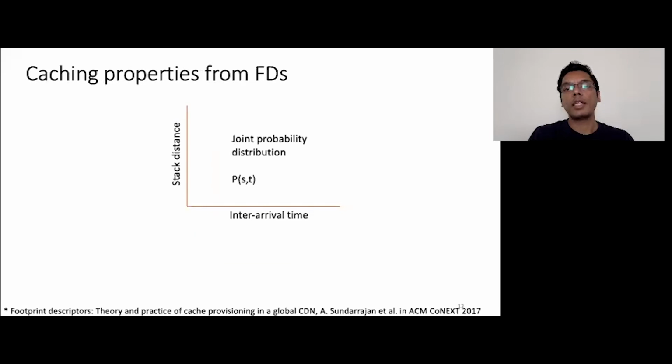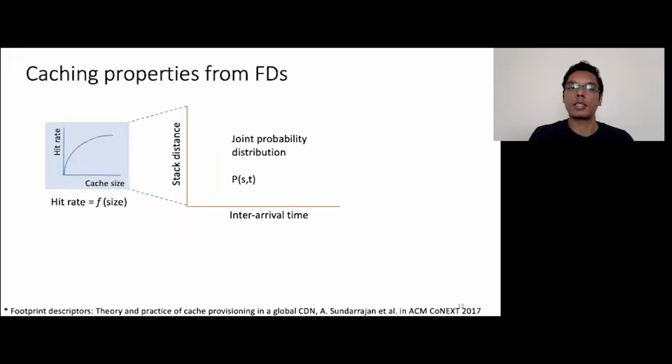Once we have defined a footprint descriptor for a trace, we can compute several useful caching characteristics. Marginalizing along the stack distance axis, we can compute the hit rate as a function of the cache size. This is also popularly known as the hit rate curve, and we can also compute its converse, the miss rate curve.